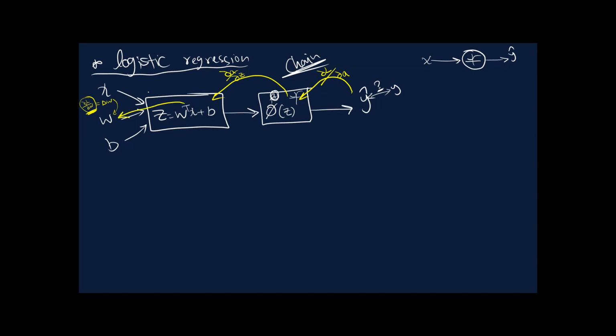So it will be the derivative of Z with respect to the weight. Okay, so when we multiply all of them, like so, we would have our derivative of the cost with respect to W. So our derivative will basically equal this multiplied by this multiplied by this.